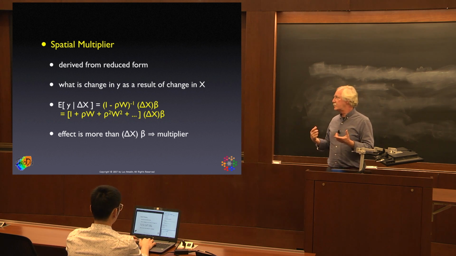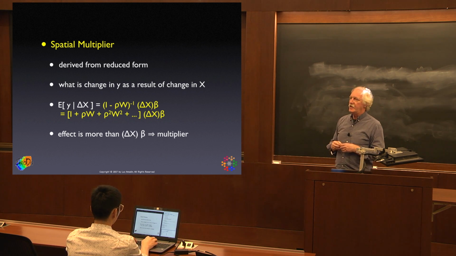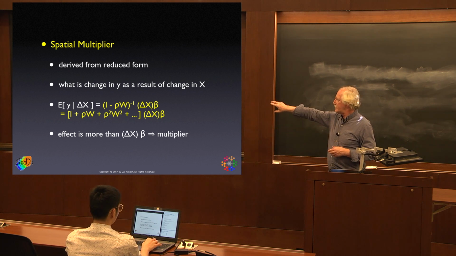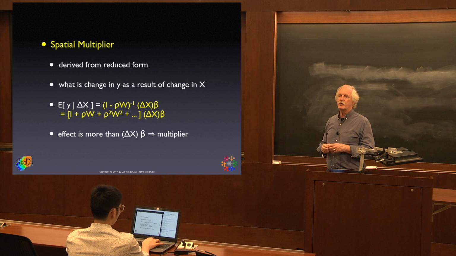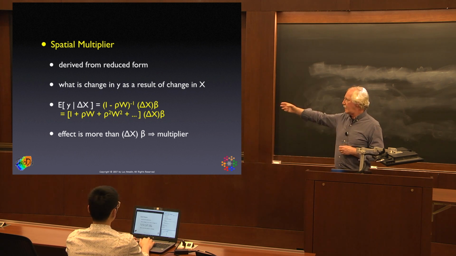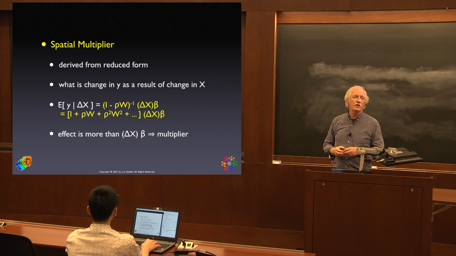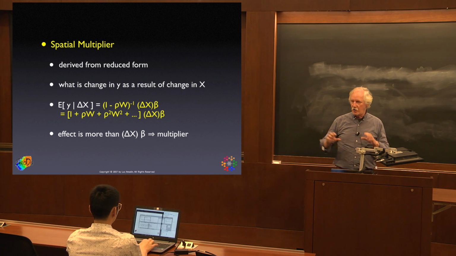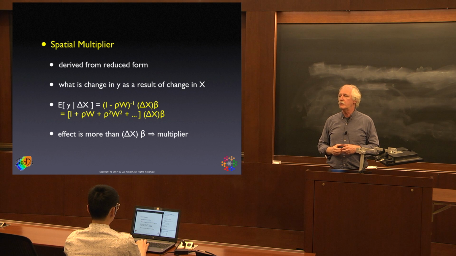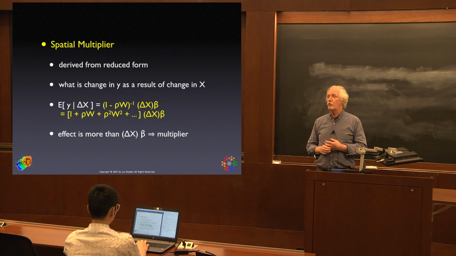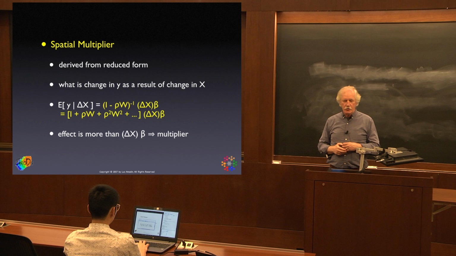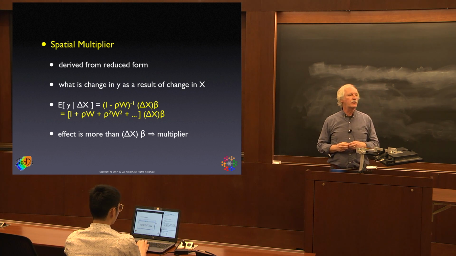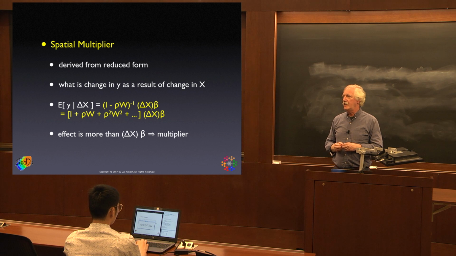So in essence, if you solve to get the reduced form, you get this inverse matrix, I minus rho W inverse, that pre-multiplies the change in the x variables. Because of the row standardization of the weights matrix, and because the parameter rho is less than 1, you can use a power expansion to approximate the inverse term.